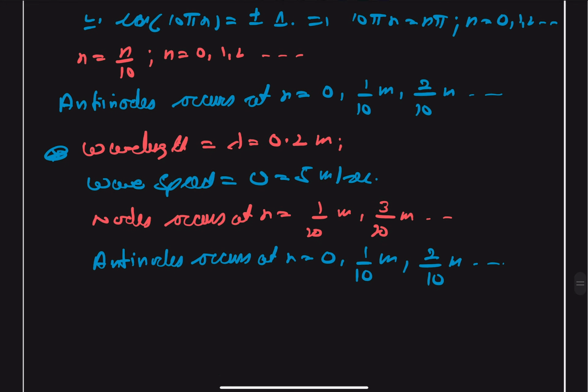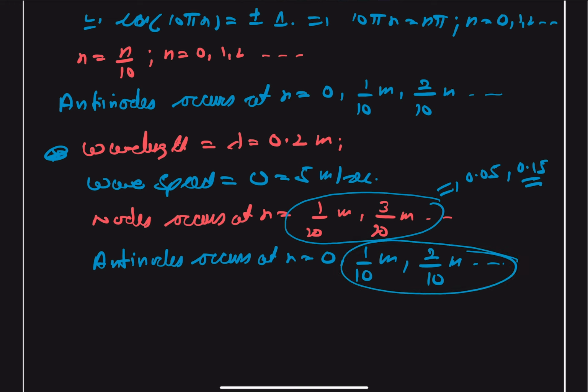So we can say that our 1 upon 20 will be coming as 0.05 and this 3 upon 20 will be coming as 0.15, and similarly for antinode also, in the form of decimal 0.1, and this becomes 0.2 meters and so on.